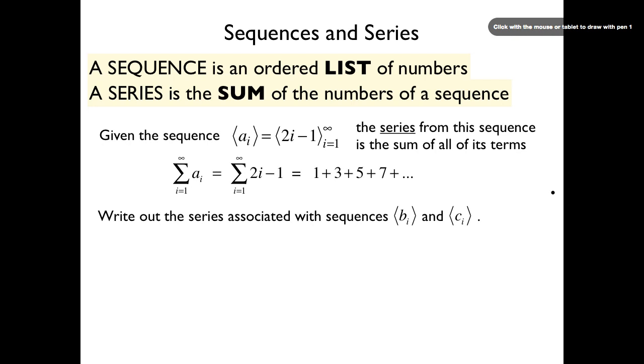All right, so I want you to write out series associated with the sequences b sub i and c sub i for a third grader and for a calculus student, right? Go. So for b sub i and c sub i, you're just writing out this.